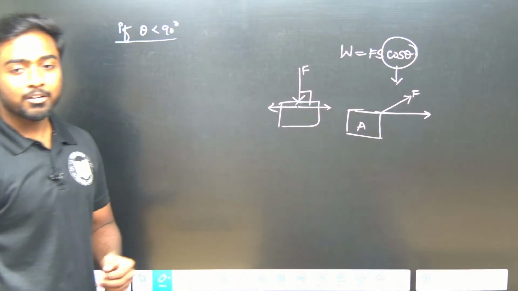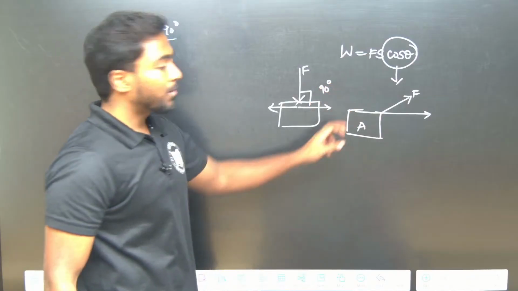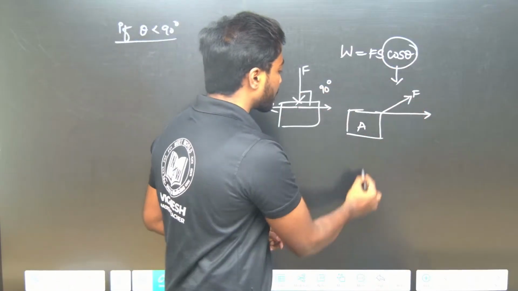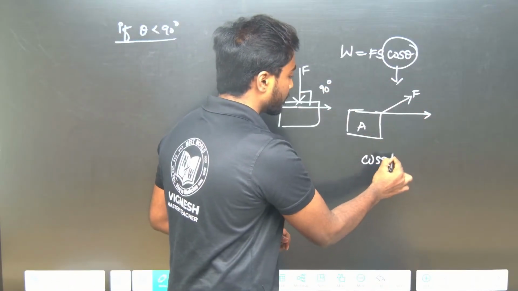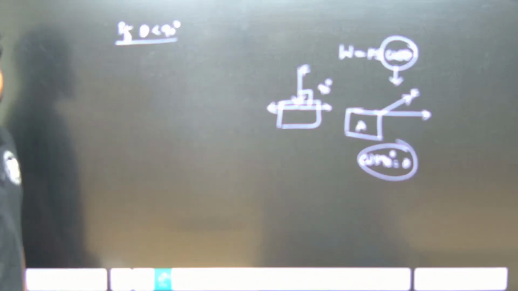Suppose I apply the maximum force I can, but no displacement takes place, or the displacement is perpendicular to the force. Then the angle between force and displacement is 90 degrees, and cos 90 is 0. These are the cases we are going to discuss.